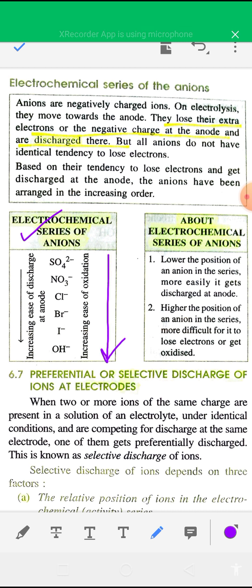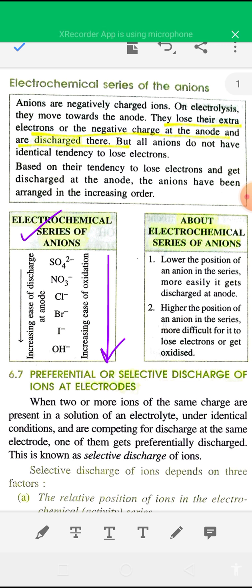Down the series, the tendency to discharge at the anode increases. Down the series, the tendency to lose one or more electrons at the anode, and the tendency to oxidize at the anode, increases, similar to the electrochemical series of metals.